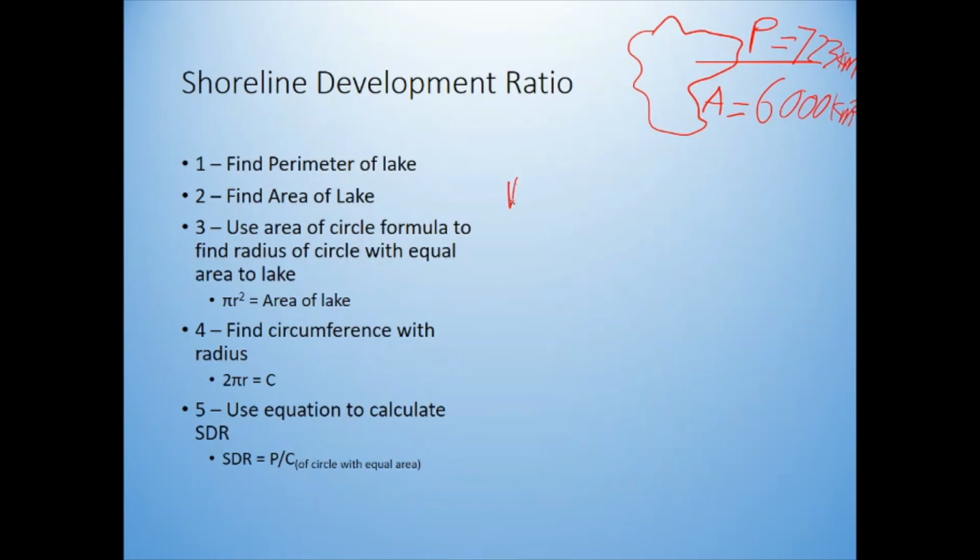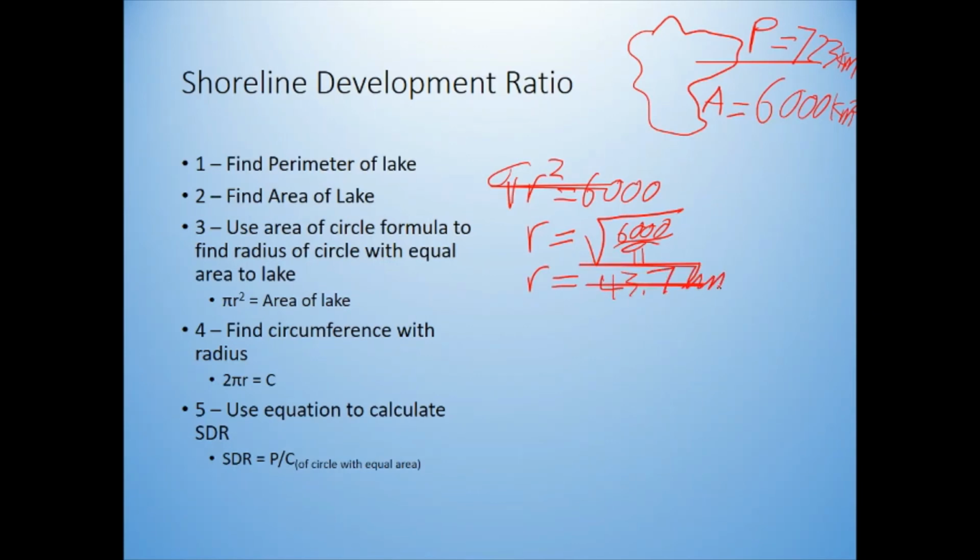Now, pi r squared equals the area, which is 6,000. So r equals the square root of 6,000 over pi. The radius of this hypothetical lake is 43.7 kilometers.